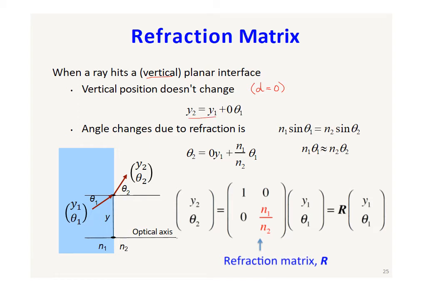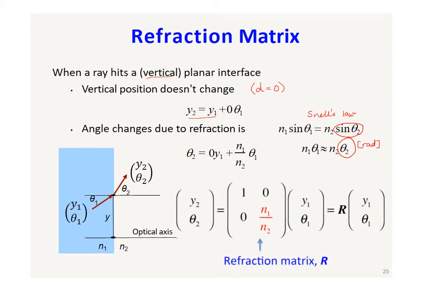The thing that does change is the angle. And we know that we have to use Snell's law to figure out what the new angle is going to be. Of course, remember we're using the paraxial approximation, so the sine of the angles is roughly equal to the angle itself. Of course, we're working in radians.